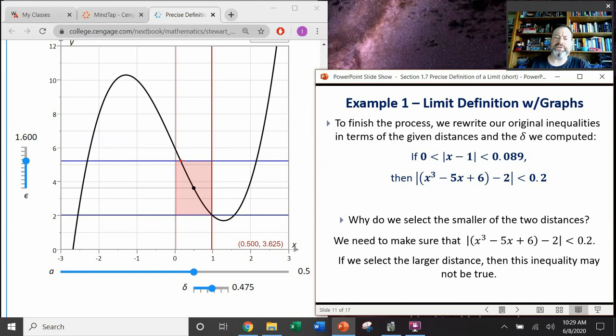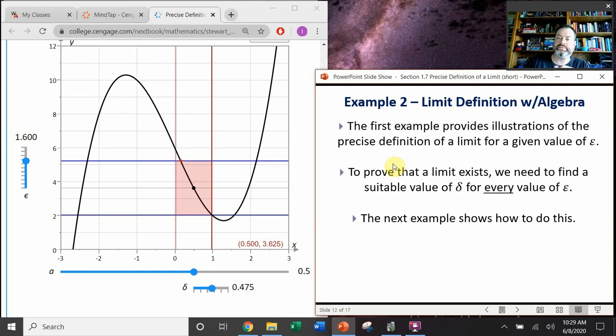Because if you think, oh, I bet there's some number up there that if I pick epsilon, then delta just won't exist, well, that's not true, right? We saw that for this particular problem, it's always going to work, because of the way the graph looks. If you bring those together, you're going to be able to bring the x-coordinates together. And again, always select the smaller distance. So that's example 1. Moving on to example 2.